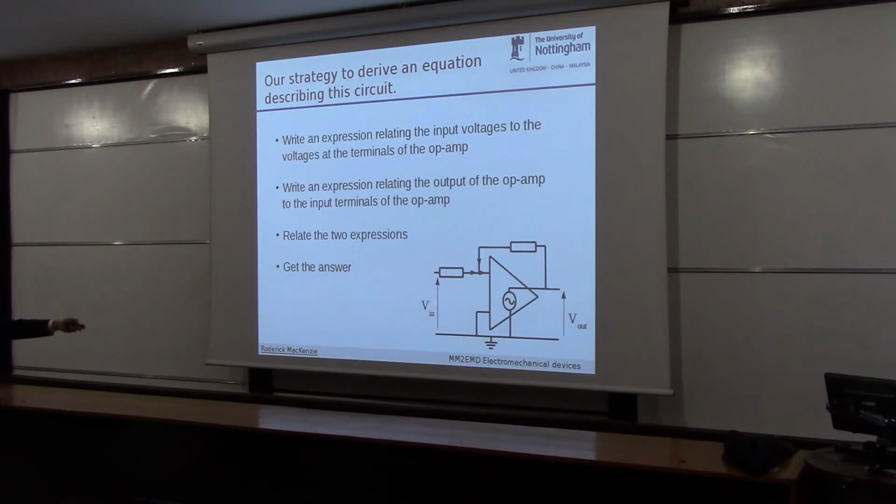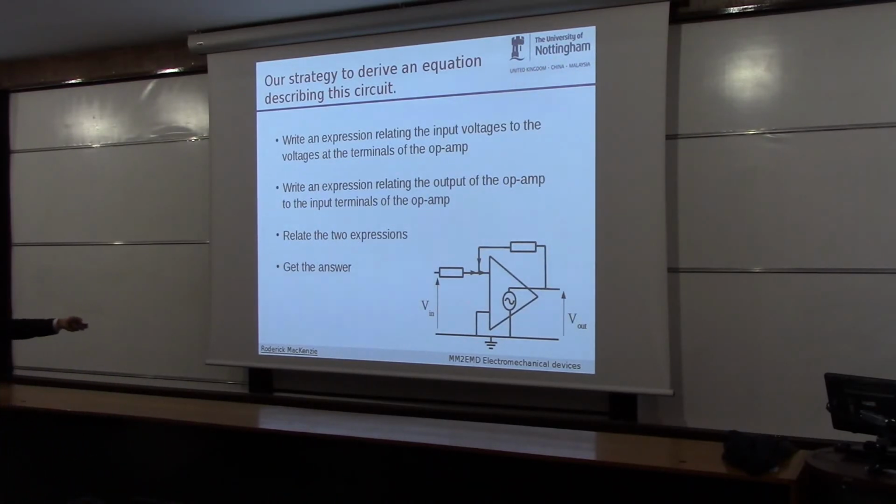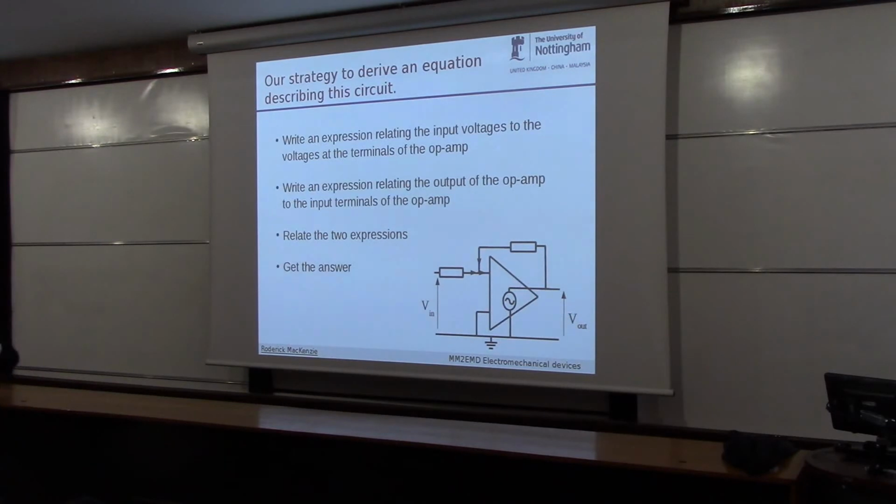So we want to relate this voltage here to the voltages here. Then write an expression relating the output of the op-amp, this bit here, to the input terminals of the op-amp. So we want to relate this voltage to this point here. We're basically doing voltage analysis on two loops. Once we've got an expression relating this voltage to this voltage and this voltage to this voltage, we can combine them using algebra, and then we get an expression linking the two parts of the circuit.